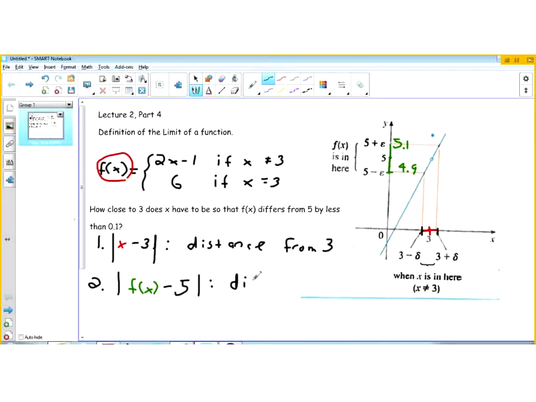Well, actually, that's the distance from f of x to 5.